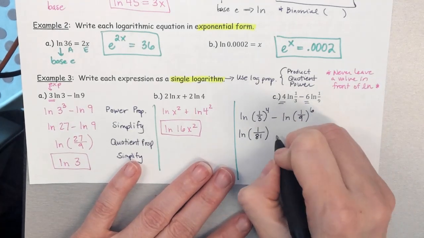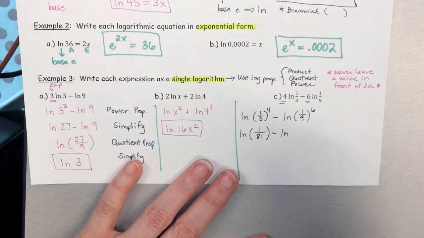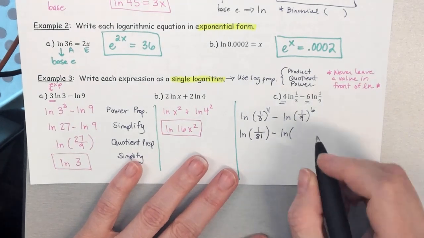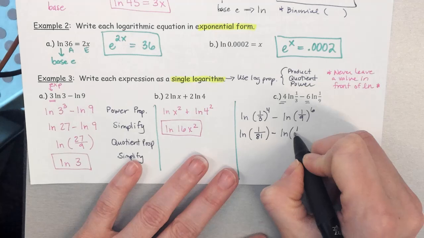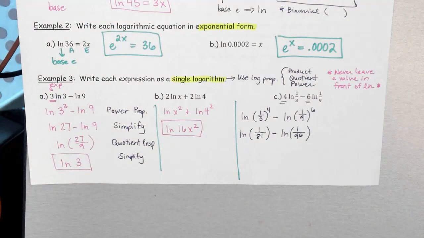So that's something that we're familiar with. Now, 9 to the 6th is really big, so we're not going to use our calculator yet. Instead, we're just going to simplify. So 1 to the 6th power is 1, and we're going to leave this as 9 to the 6th power for right this moment, just so I can show you a different way that you can think about this.